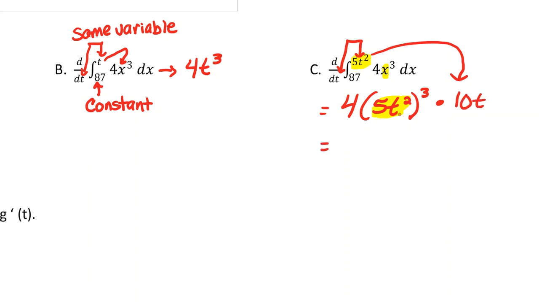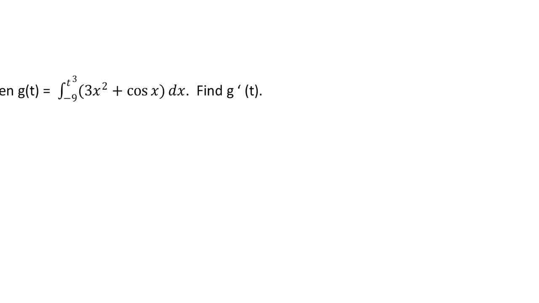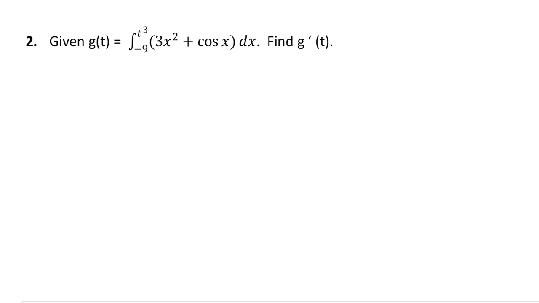So here we will come up with 4 times 125, 500 t to the 6th times 10t. So we will come up with about 5,000 t to the 7th. All right, and here we have a function g that is defined to be equal to the area under a curve with variable x.